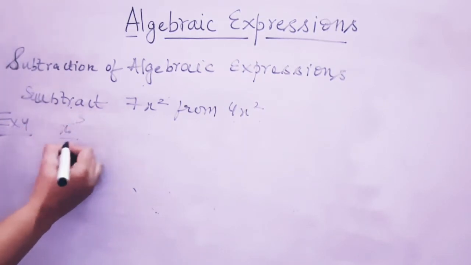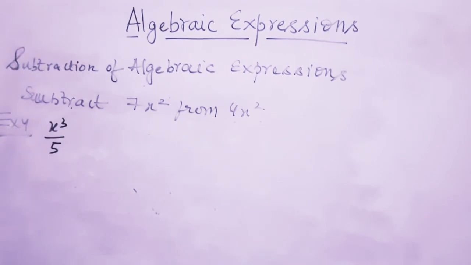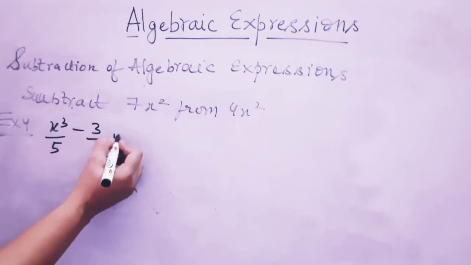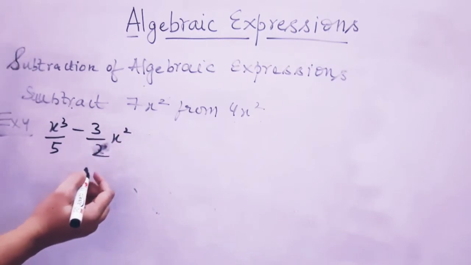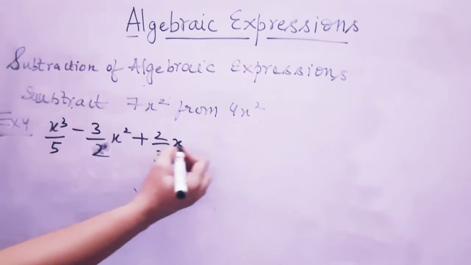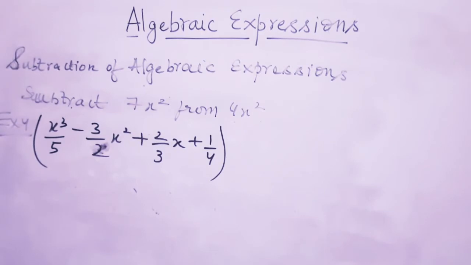So x cube upon 5 minus 3 by 2 x square plus 2 by 3 x plus 1 upon 4. So we have to keep this algebraic expression in bracket.